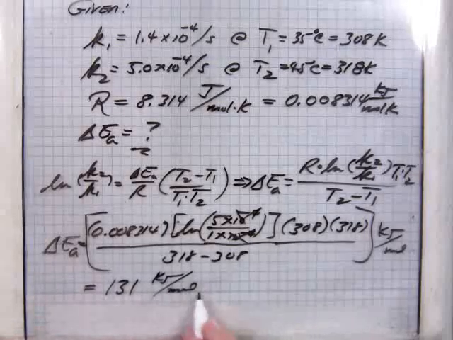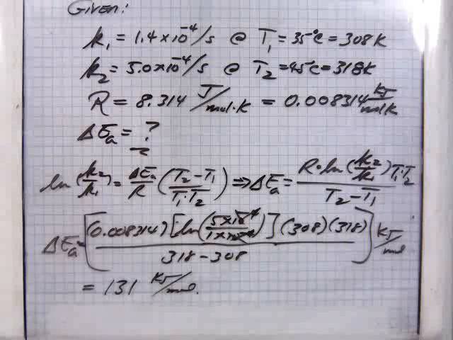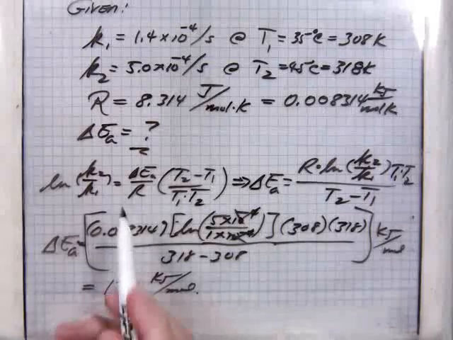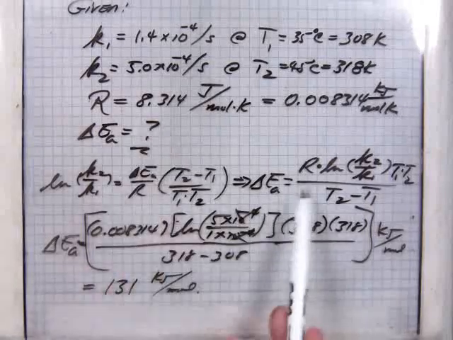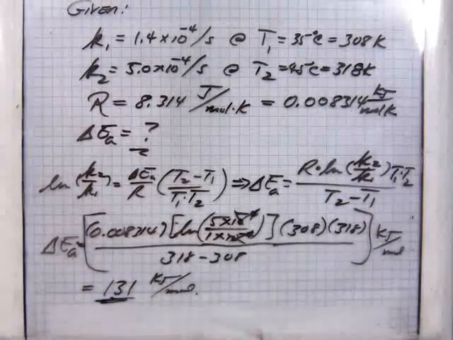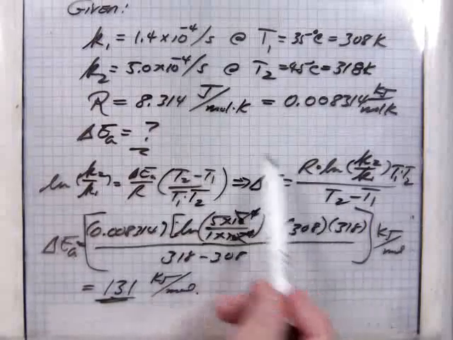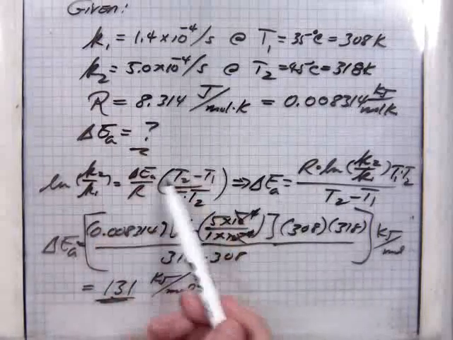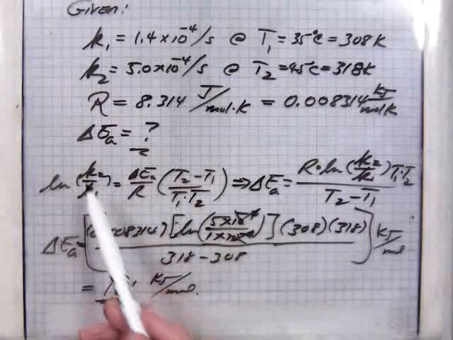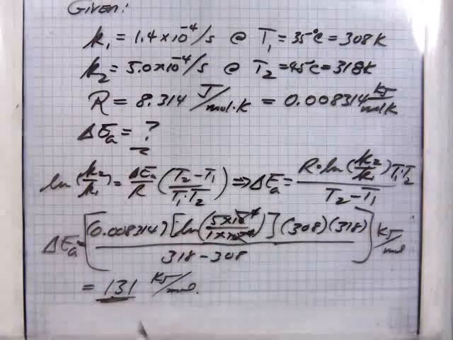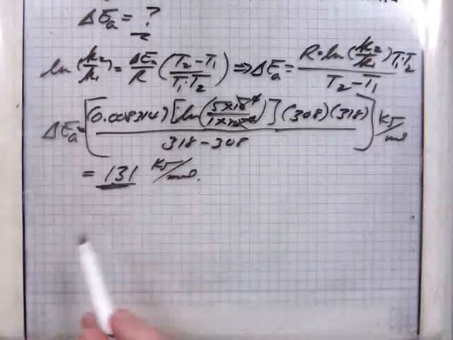And the long and the short of that is just memorize the equation, plug it in, and solve it for the unknown. Now, the second half of the problem is to take this activation energy, plug it into the original expression, and get a K2. I'll call it K3. It doesn't matter which of the K values.